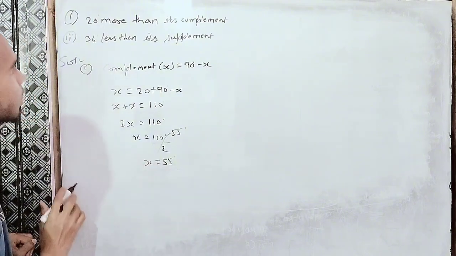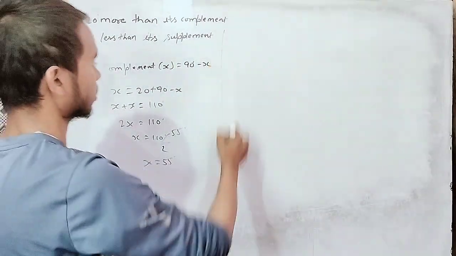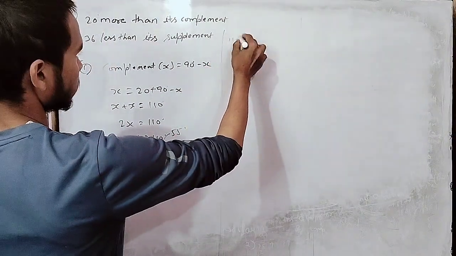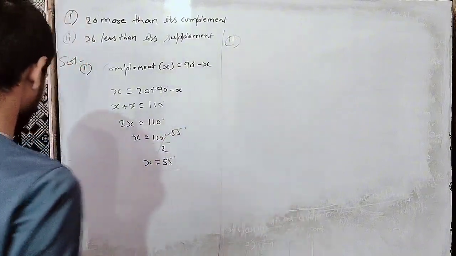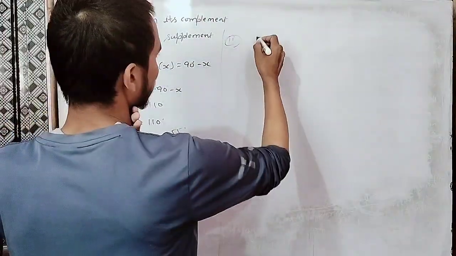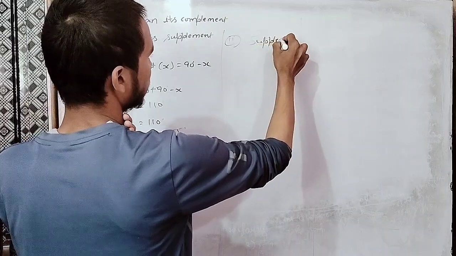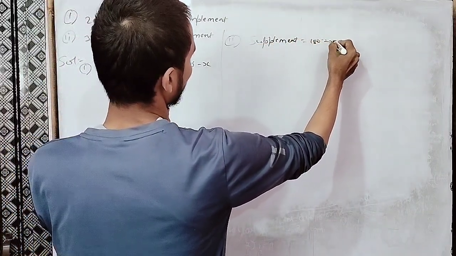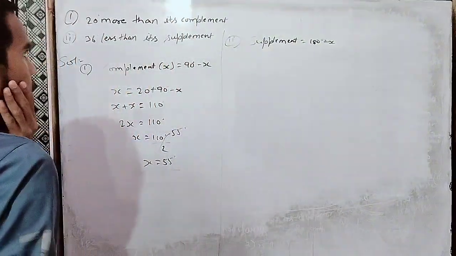X is 55. Okay, x is 55. The statement says 36 less than its supplement. So find out the supplement. We do what? 180 minus x.